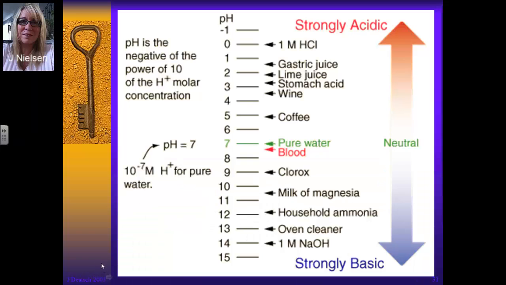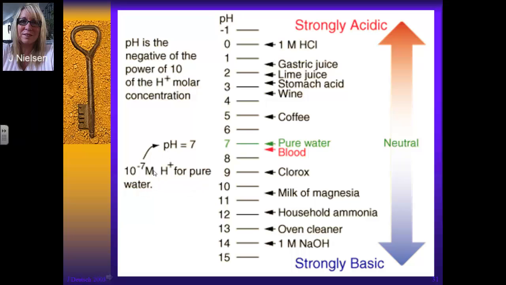pH is the negative of the power of 10 of the hydrogen molar concentration. A pH of 7 simply means 10 to the negative 7 molar H+ for pure water.